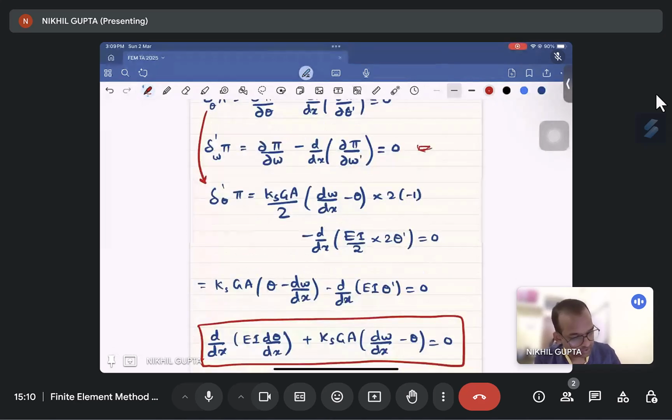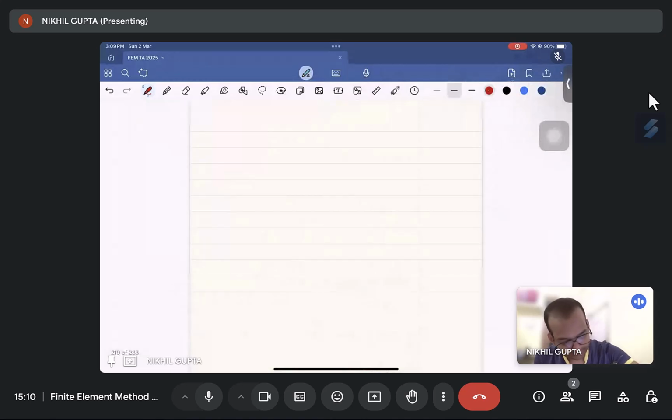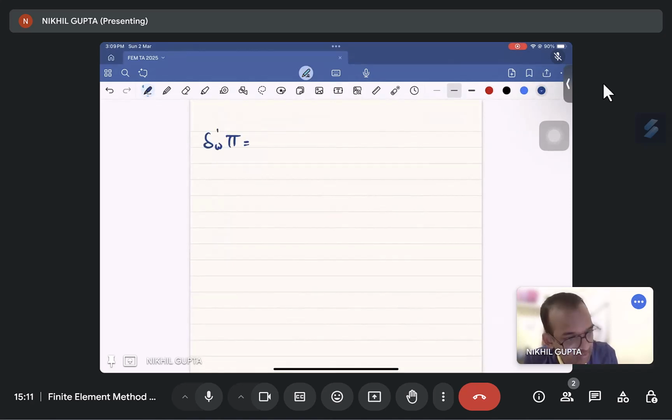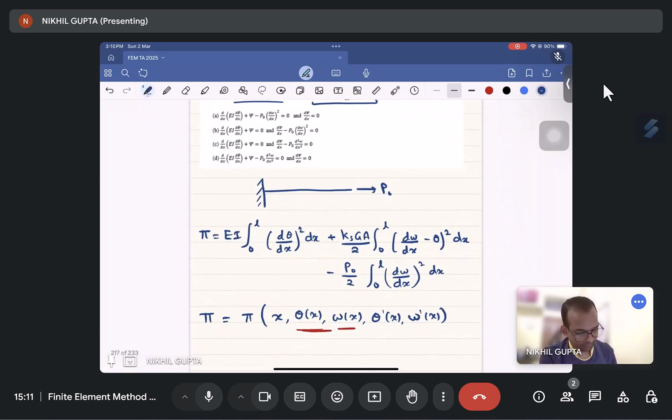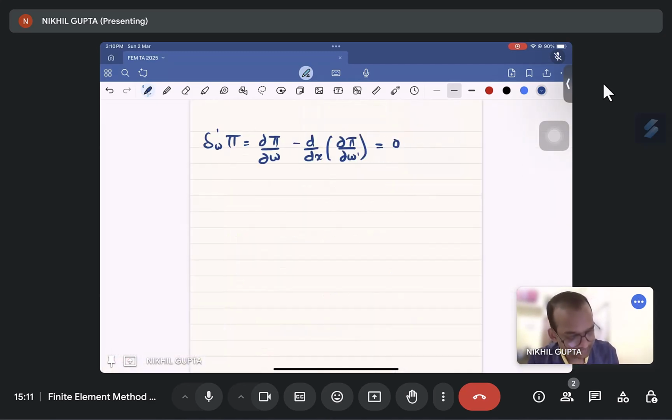When you solve this equation, what you will get? You will write delta of W, first variation of pi, equals to del pi by del W minus d by dx of del pi by del W dash, which equals to 0. So now again what we have to do? We have to use this pi functional and differentiate on the basis of W. Since there is no W term, that will be 0.